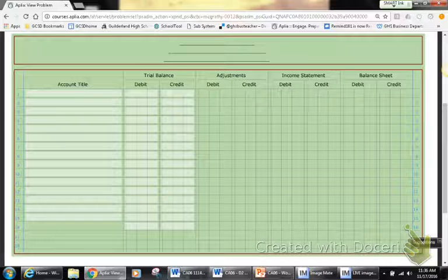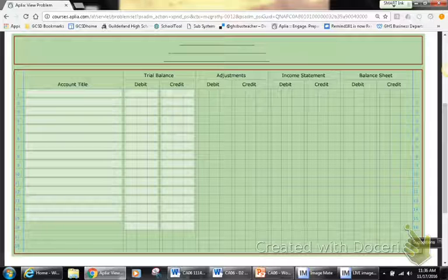Okay. So we're going to enter the account titles. We're going to enter the debit and the credit amounts from the ledgers. What order are these accounts going in on the account titles? Let's see. Matt. Mr. Irono. Sorry. What order are the accounts going in on the account titles column? Assets are first. Good.